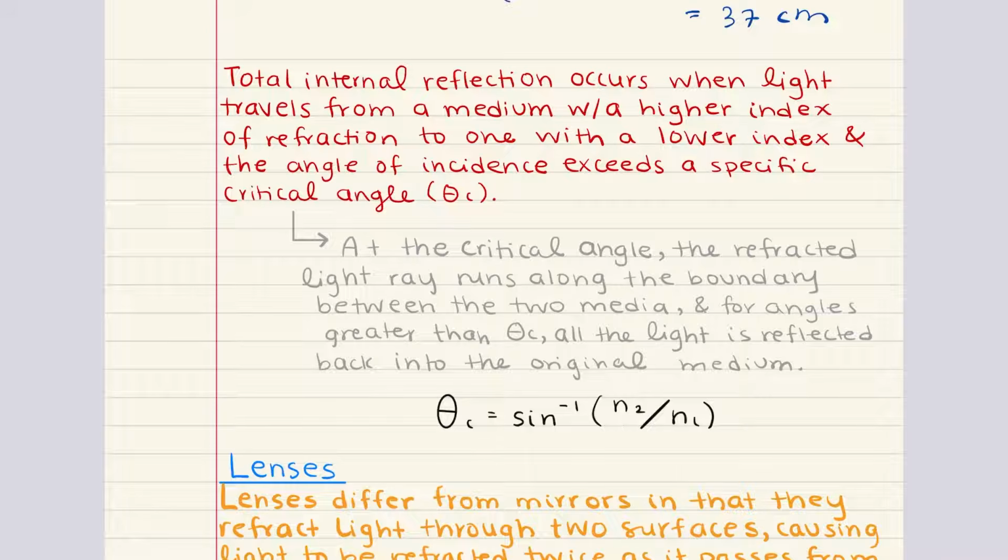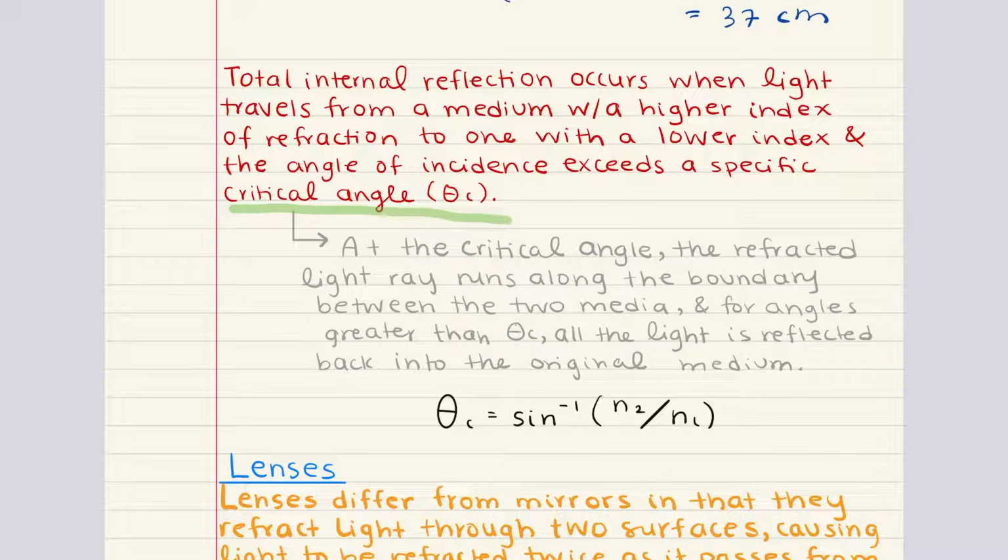An interesting consequence of refraction is the concept of critical angle. When light travels from a medium with a higher index of refraction to one with a lower index of refraction, for example, from water to air like we saw in our practice problem, there is a specific angle of incidence at which the refracted ray skims along the boundary between the two media.